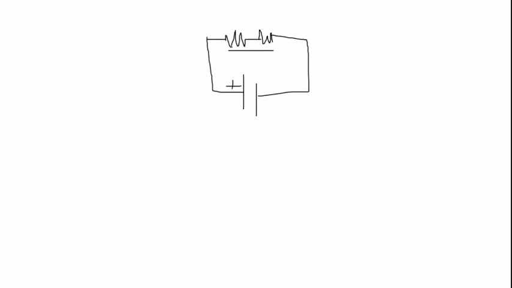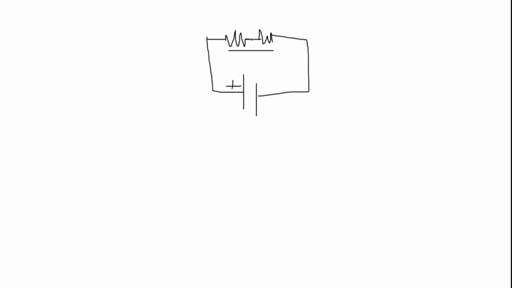Let us explain deeply. As I said, the resistances are connected in an end-to-end connection. How is it connected? Suppose this is the circuit, and the symbol for a resistor is somewhat like this. If the resistors are connected in series, they will be connected like this, that means end to end.